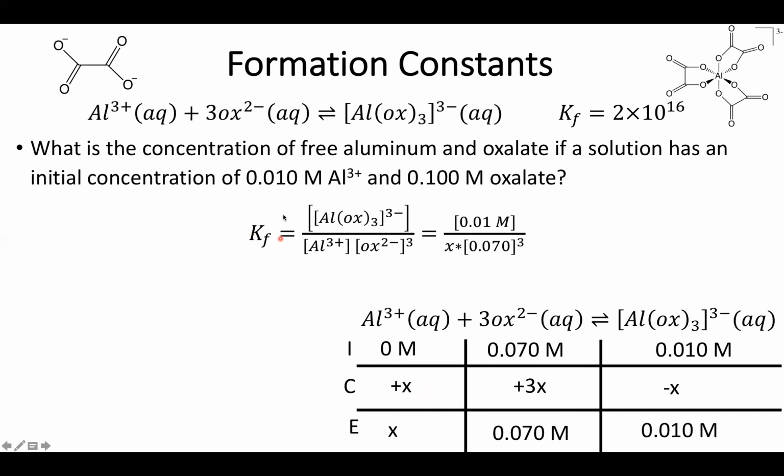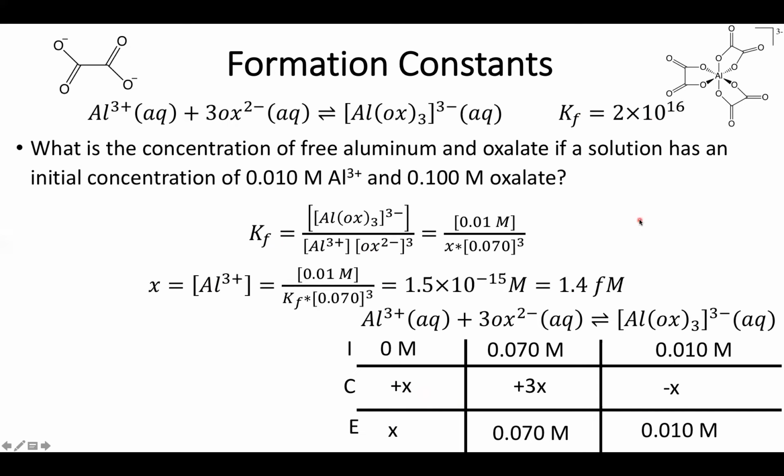Since we know what the formation constant is for the generation of this complex, we rearrange this equation to solve for X, where X gives me the concentration of free aluminum in solution. And when we do this, we get something kind of fun, because the free aluminum concentration turns out to be about 1.5 times 10 to the negative 15th molar. This is also known as 1.4 femtomolar.